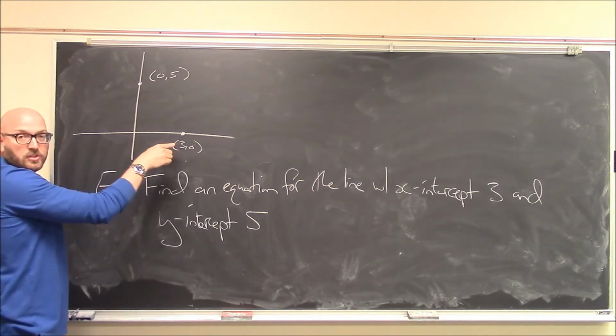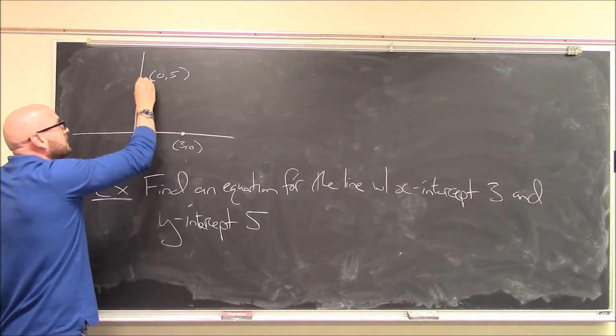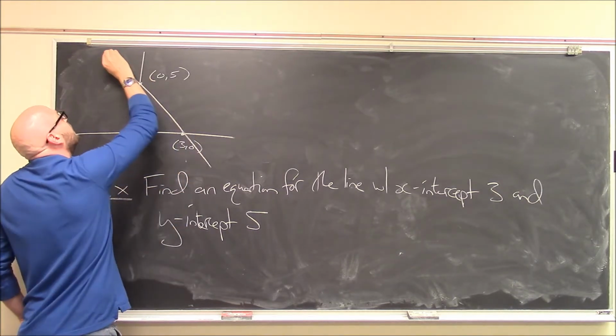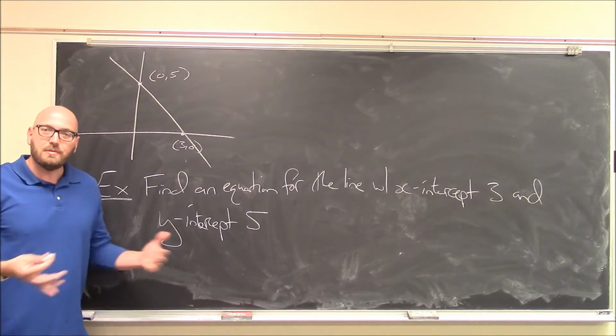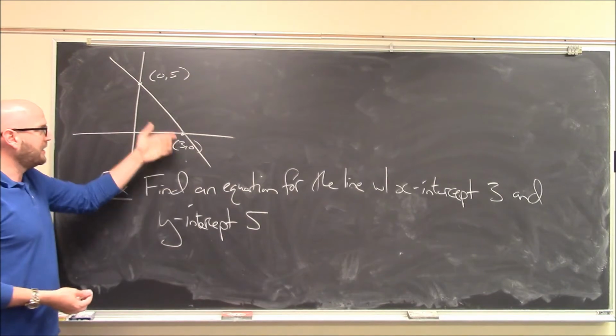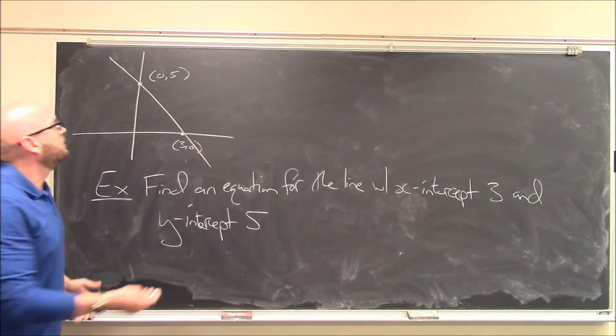And if I know 2 points on a line, then I know the whole line, right? A straight line passing through these 2 points must look like this. And if I can draw the line, then I should be able to find the slope of this line, right? Geometrically, I knew how to draw it, so I geometrically knew the slope. Mathematically, I should be able to get the slope, right?